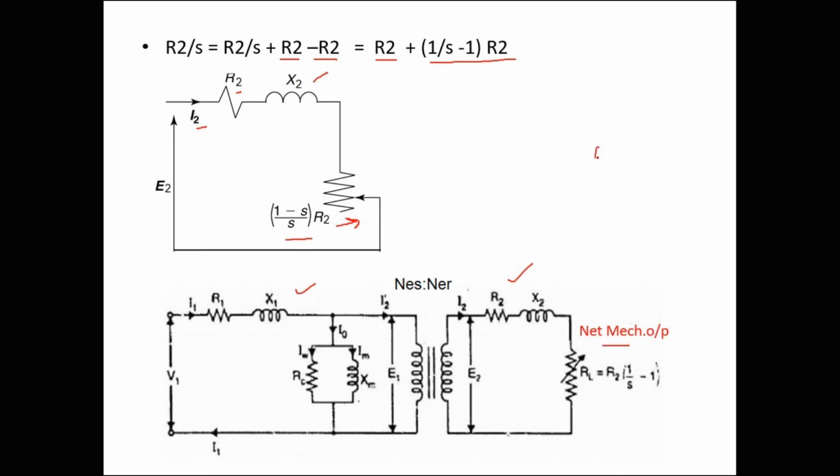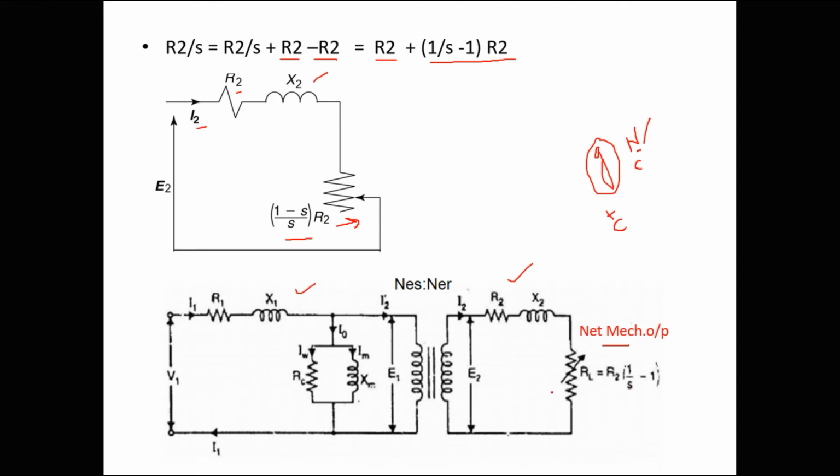We have gross mechanical and net mechanical load, and the reason is, if we do not include mechanical loss, we can call this the net mechanical load, or if we include mechanical loss on the rotor side, that mechanical power will become the gross mechanical power.